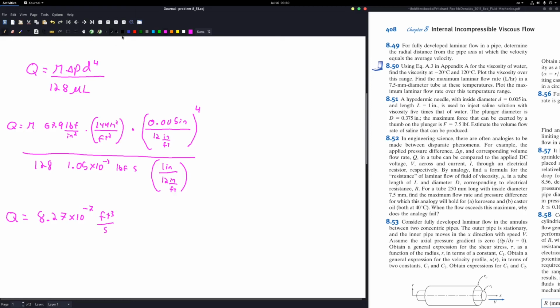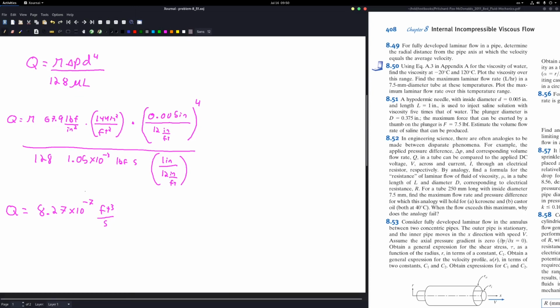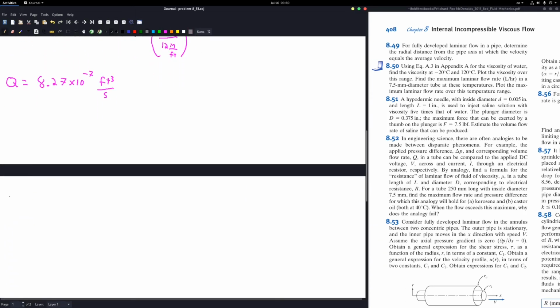Now the last step is just to double check that our assumption that the flow is laminar is correct. So here we will just calculate the Reynolds number, knowing now the flow rate. Also, we will assume that the density of our saline solution is similar to that of water.